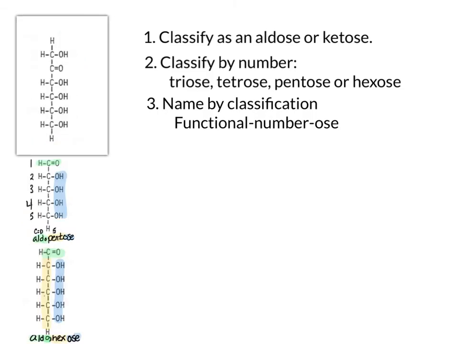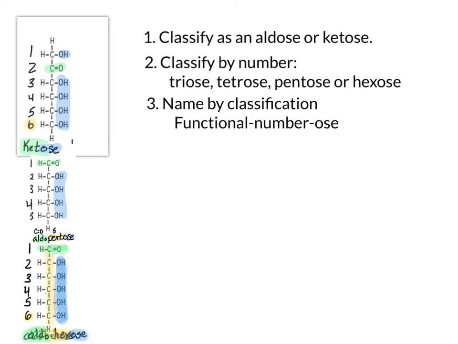Here's our next one. You should be able to see that it is a ketose. It's got 1, 2, 3, 4, 5, 6 total carbons, so this is a ketohexose.